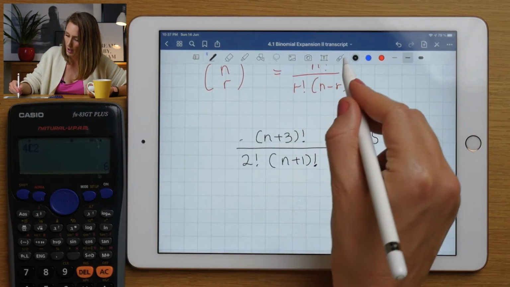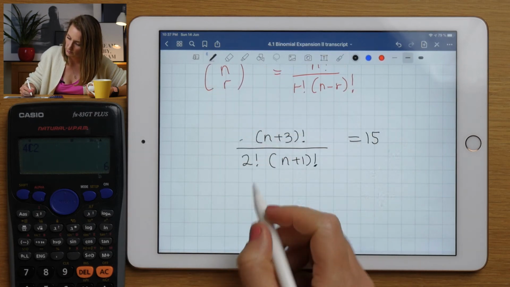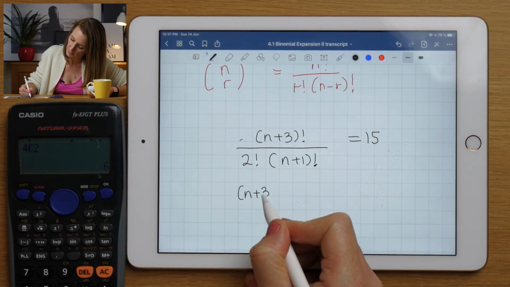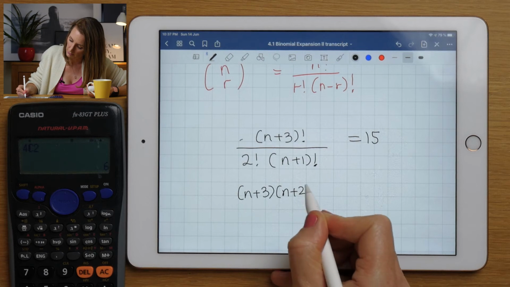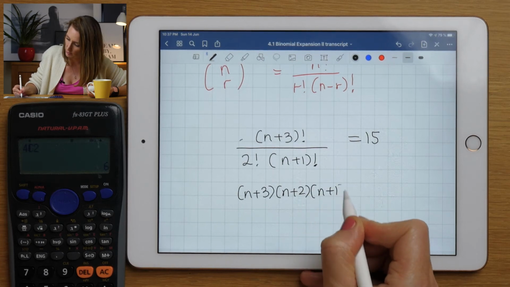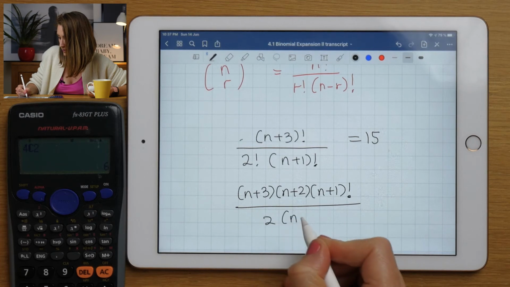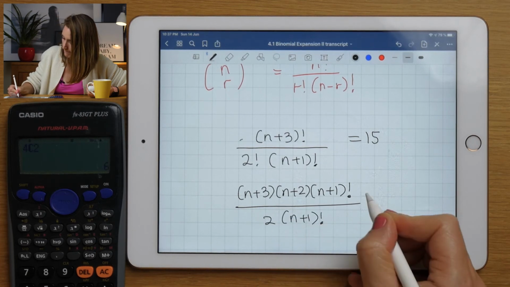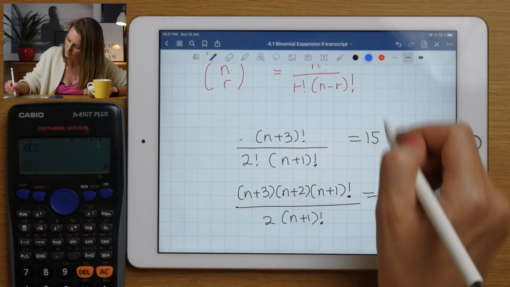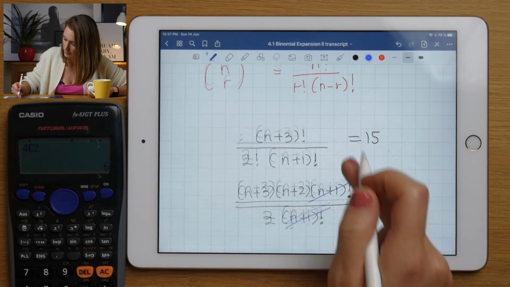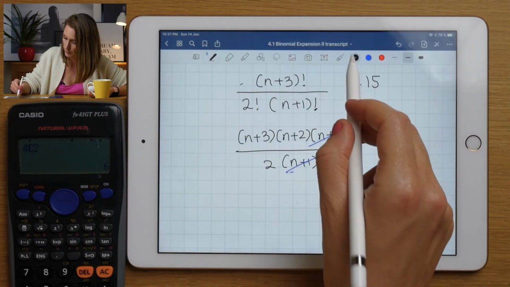Now break down my higher factorial, n plus 3. So it'll be n plus 3, keep subtracting 1, n plus 2, until you get to your lower factorial, n plus 1. 2 factorial is just 2, and that's the n plus 1. Cancel that, cancel that. So what have we got left with?